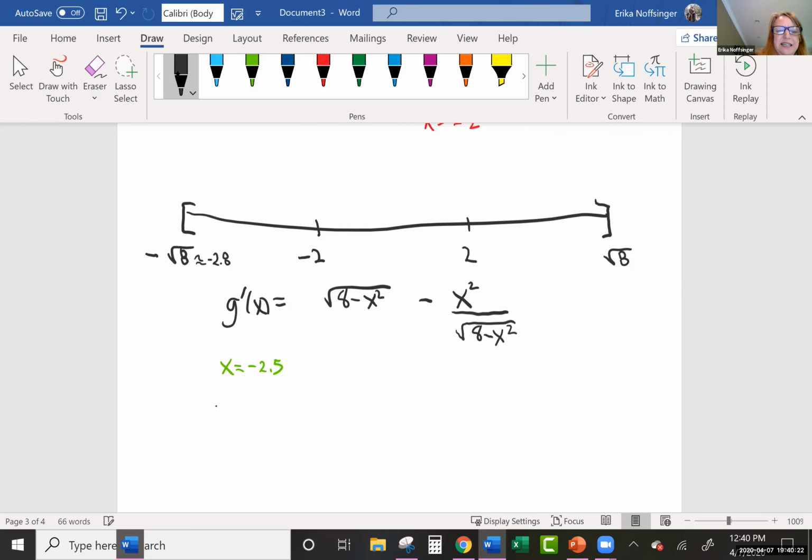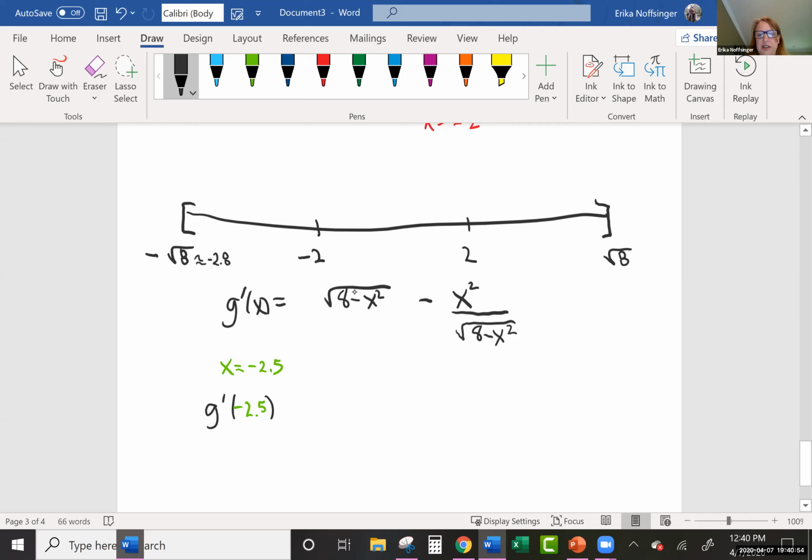So we need to see if we plug that number into the derivative, is it positive or negative? I don't care what that number is, I just care, is it positive or negative? So let's see if we can figure that out without figuring out what that number is. Well, if we square negative 2.5, I get back 6.25, and it's going to be positive. 8 minus that 6.25.